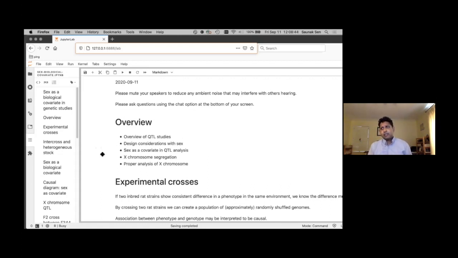For genetic studies, there are some additional considerations because of the nature of the X chromosome: the fact that the X chromosome structure depends on sex, and sex is also the phenotype that's caused by the X chromosome. That's why we need to think more carefully about the role of sex.